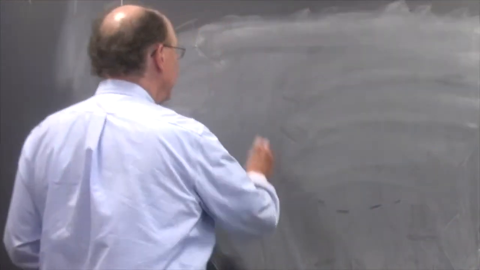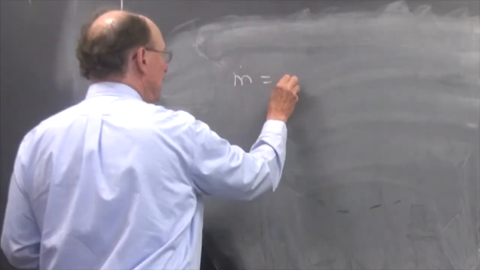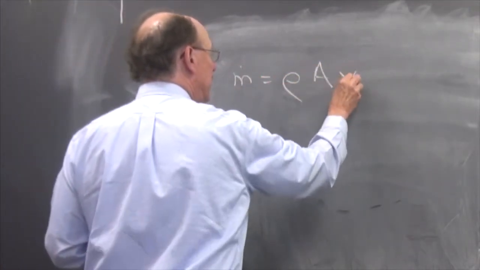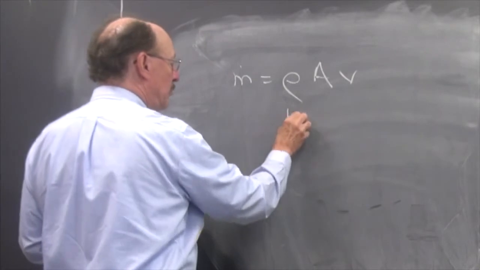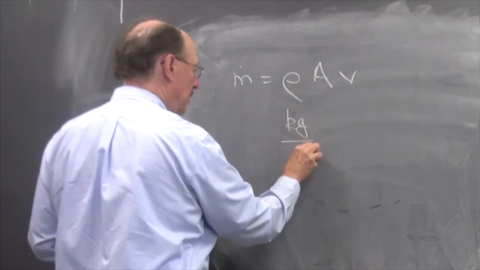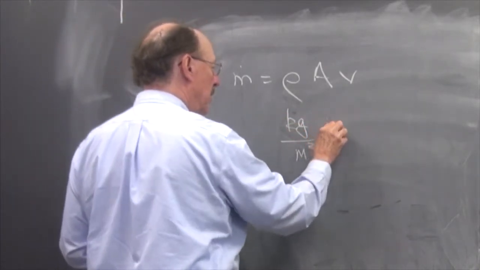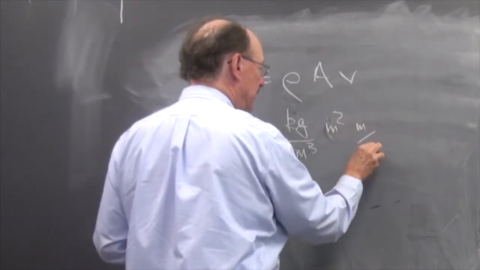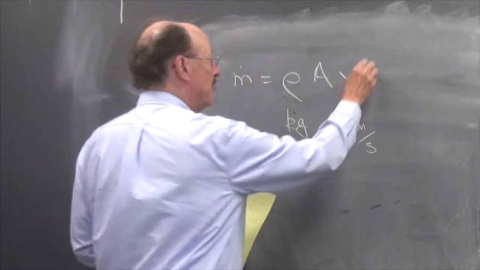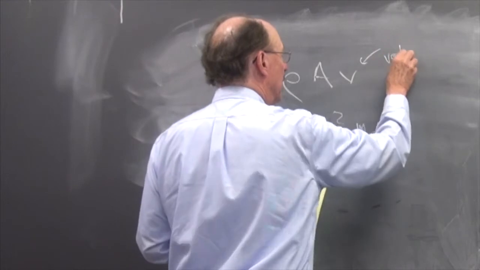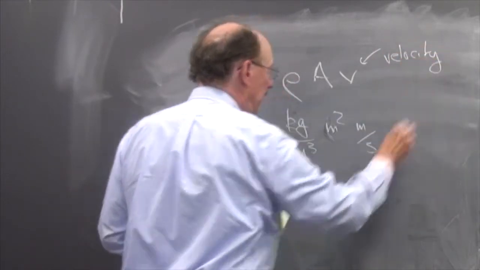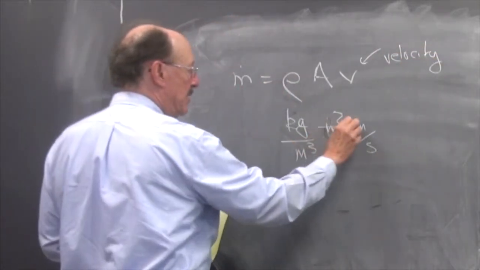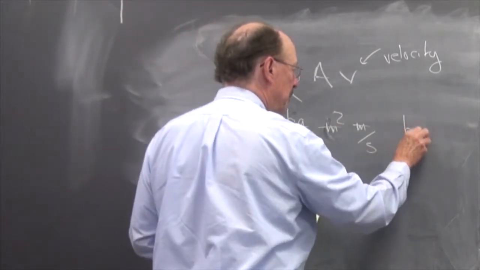And so m dot is rho A V: density, in kilograms per cubic meter, area, in square meters, and velocity, in meters per second. If I cancel the units, we end up with kilograms per second.